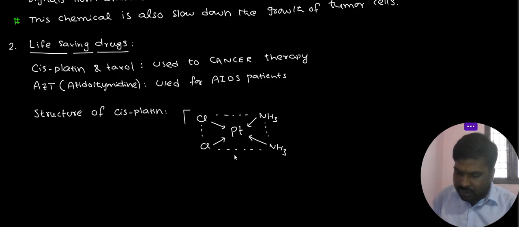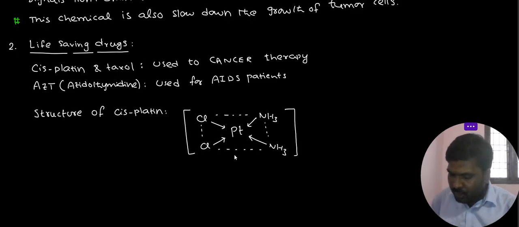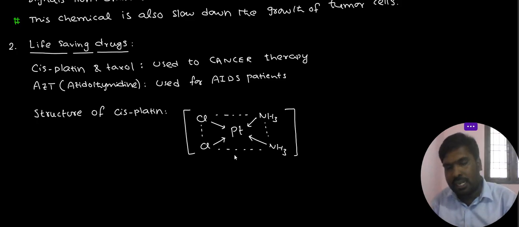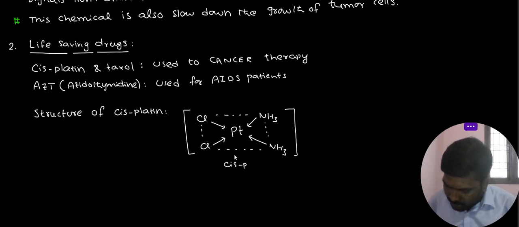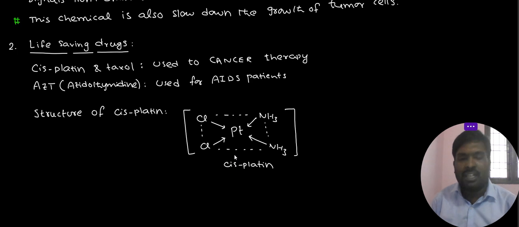Here either the two chlorine ligands or the two ammonia ligands are on the same side, the same plane. So this is cisplatin, same side. Only cisplatin is used for cancer therapy, not transplatin. Only this isomer has that characteristic.